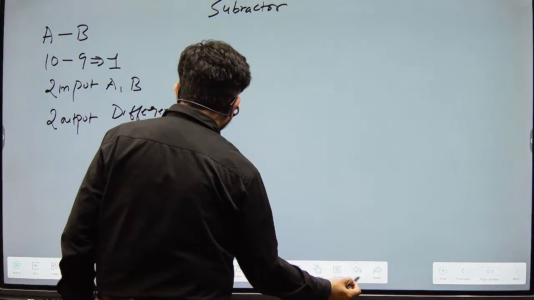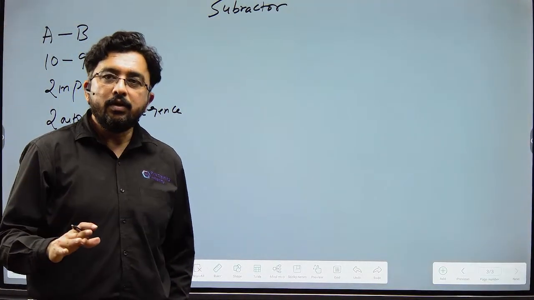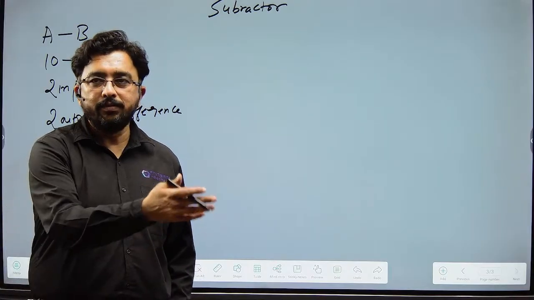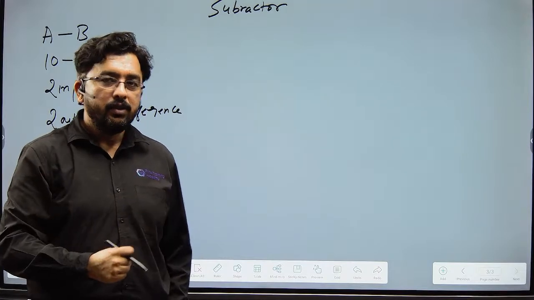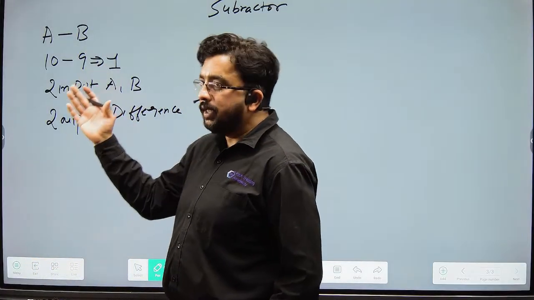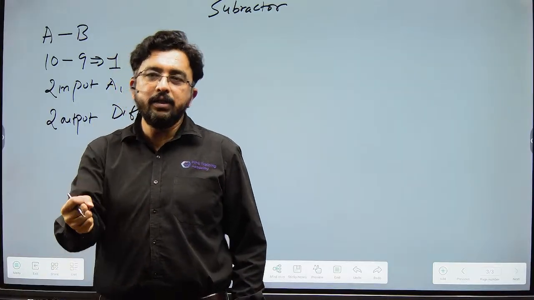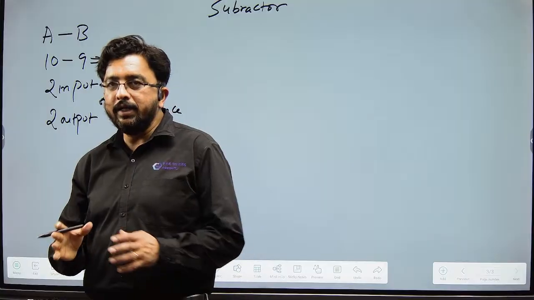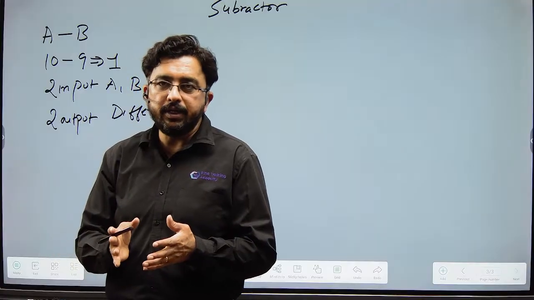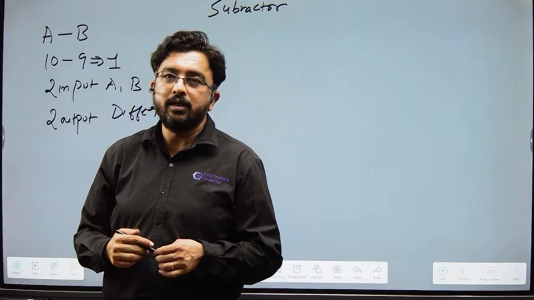Borrow out means, if you are at a very low stage and you don't have enough money to purchase something, then you take money from one of your friends. That is called borrowing. In the same way, if the first input is less than the second input, you help the first input by making it a bigger amount, and then you can subtract the second input.